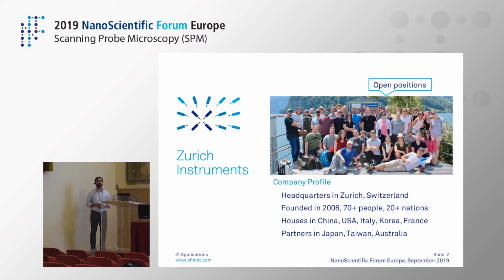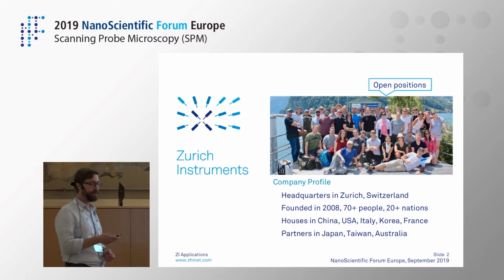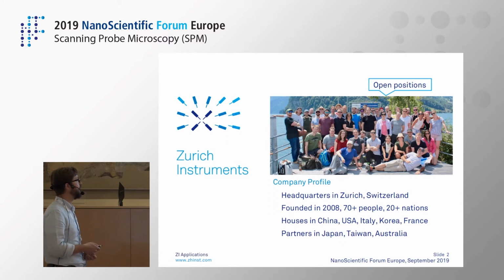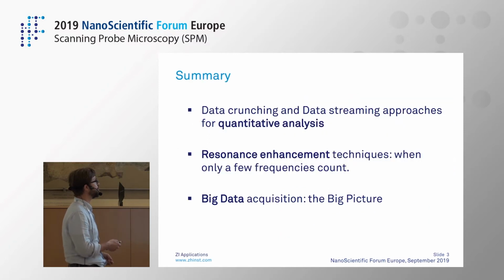SPM is an important one, but we also have applications in photonics, in MEMS, now also in quantum computing, so in other applications. That requires a good team of scientists. Many have PhDs. As we expand, we have an office in China and in the US. I'm actually based in France. We also have offices now in Italy and Korea, to be as close as possible to our customers.